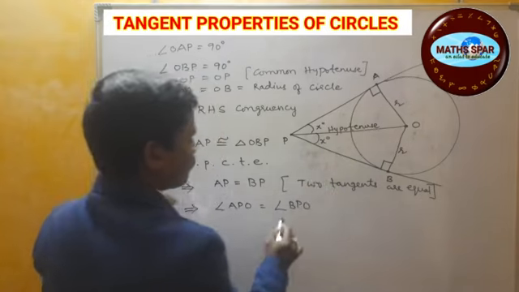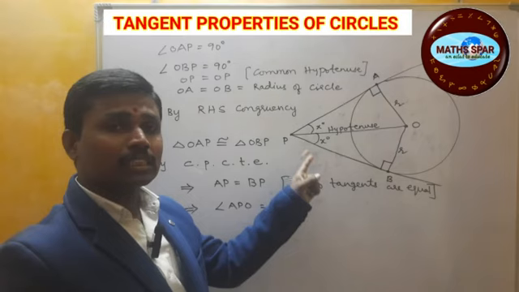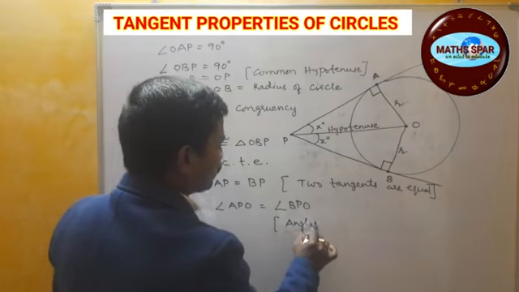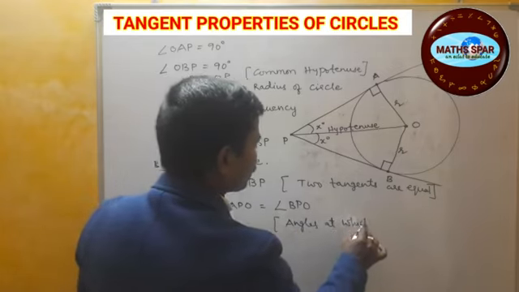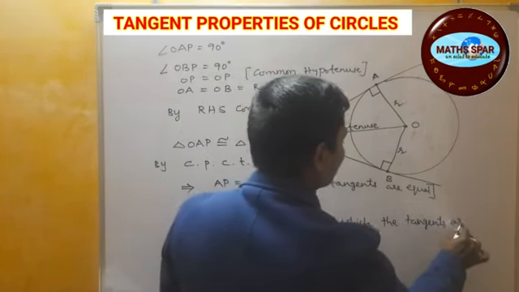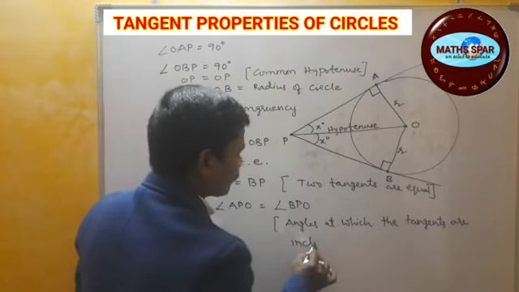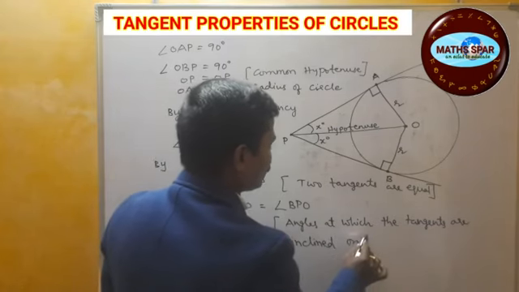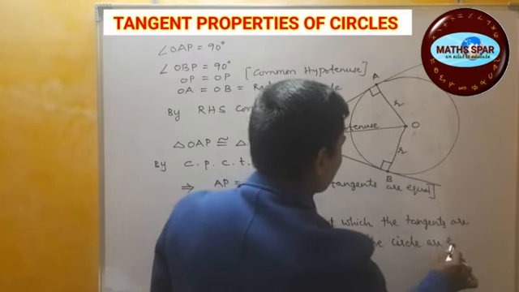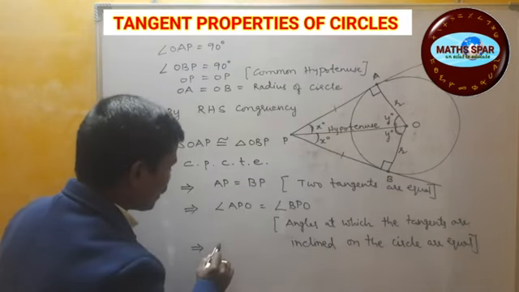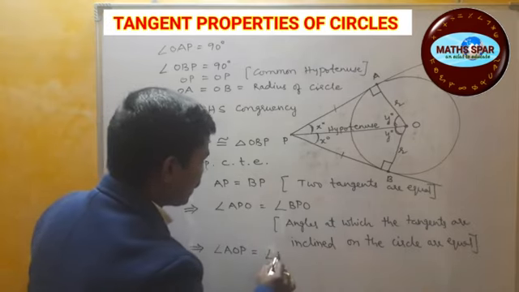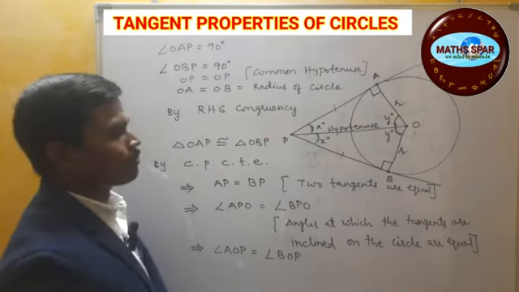That is, angles at which the tangents are inclined onto the circle are equal. Angle AOP is equal to angle BOP.